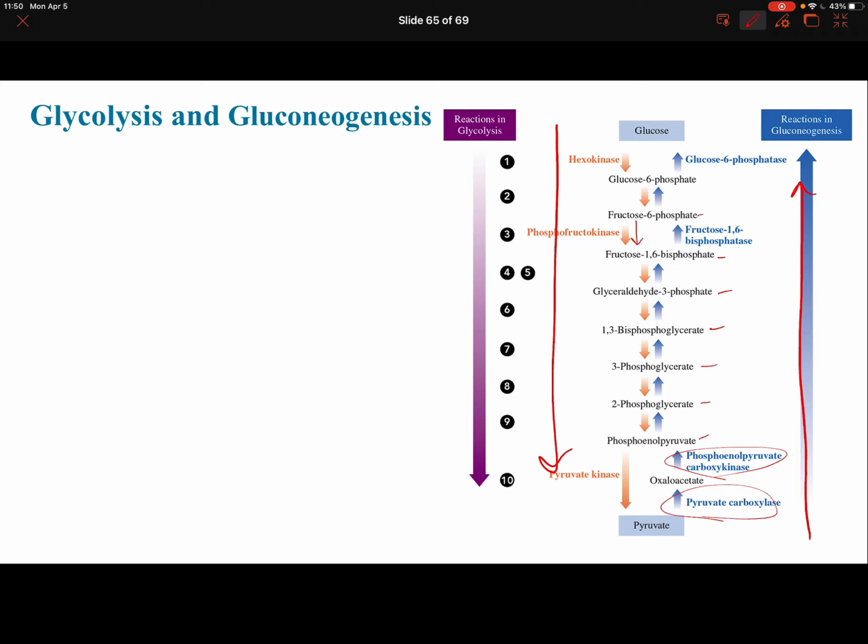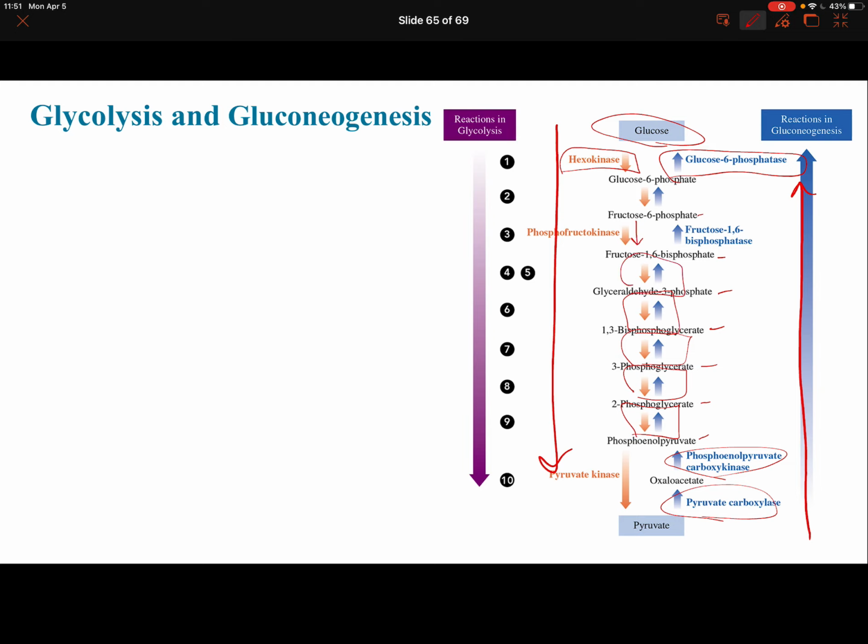And then again, the glucose 6-phosphate can be made into glucose via a different enzyme than the one that originally turned glucose into glucose 6-phosphate. But aside from a few different steps, it's a lot of the same recycled molecules, the same enzymes that can go both ways. So that's really convenient for us.